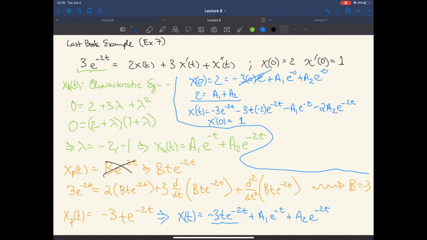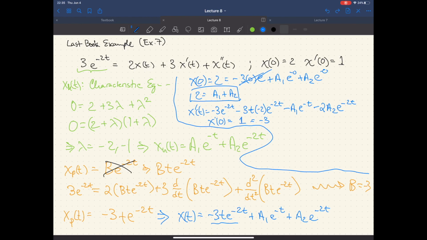So we're going to hold this for a second. That's all just equal to 1, so we plug in 0, and we end up with minus 3 e to the minus 2 times 0, which is just 1. And then this whole second term goes to 0.